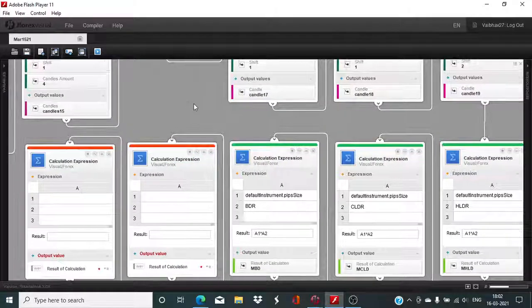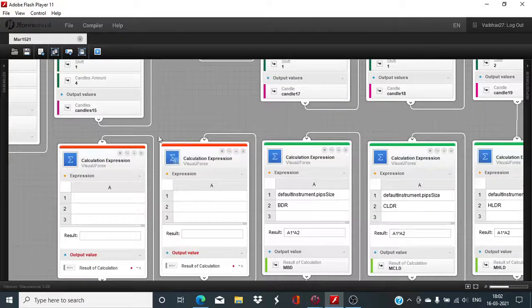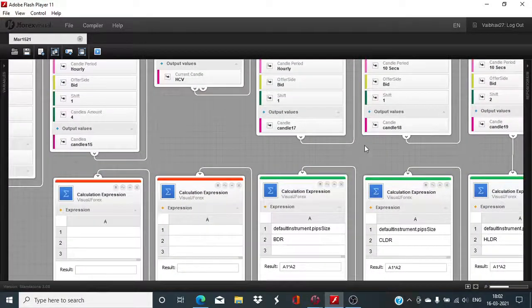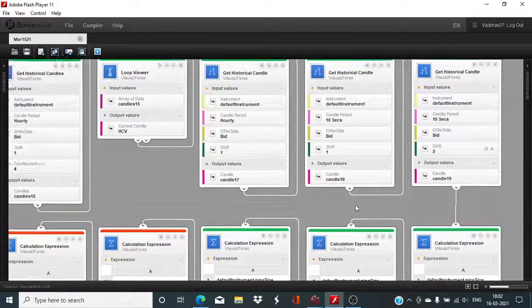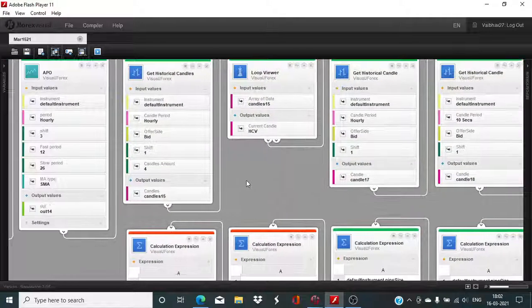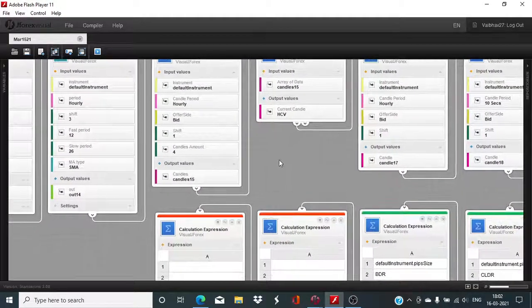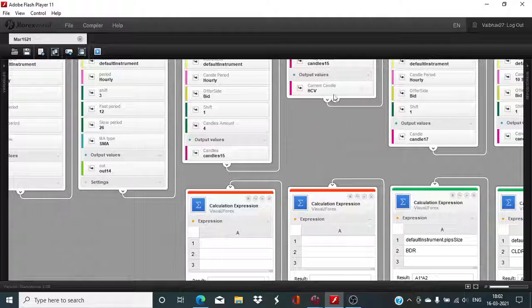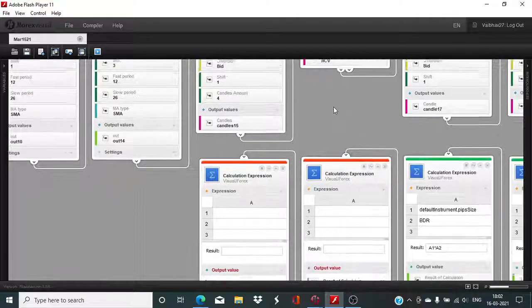Now we have to look at the volatility. For that we will be using these values from the loop, and we will have to take the HCV's highest and the lowest value.